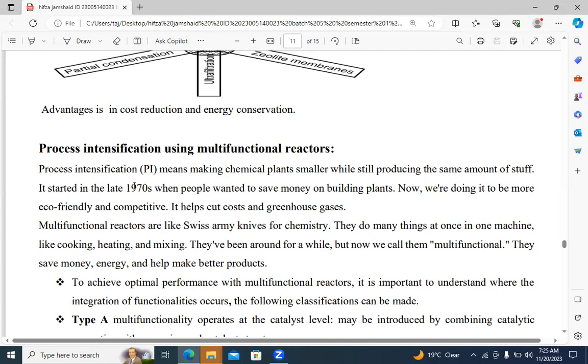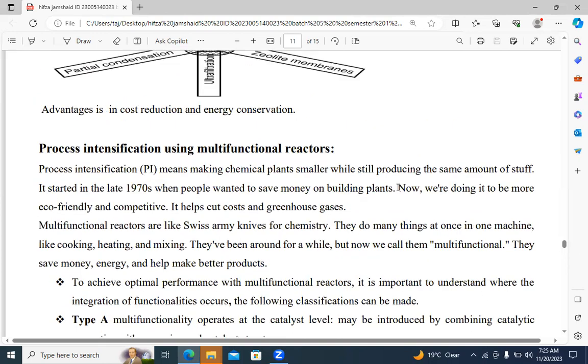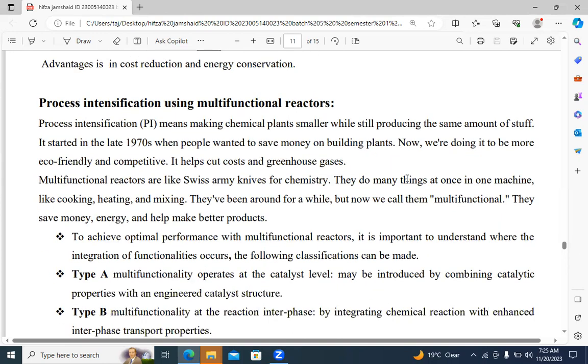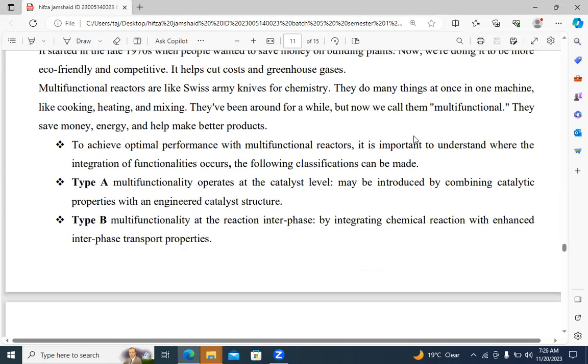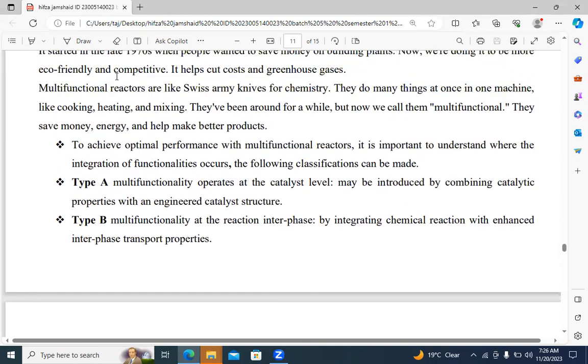It started in the 1970s when people wanted to save money on building plants. Now we are going to be more eco-friendly and competitive. That will also help in cost reduction and also reduce greenhouse gases. Multifunctional reactors are like Swiss Army knives for chemistry.